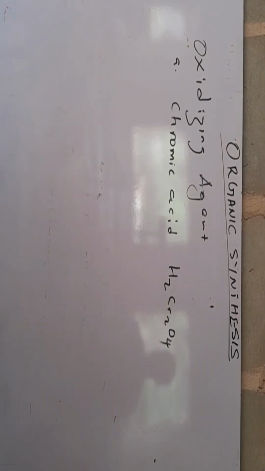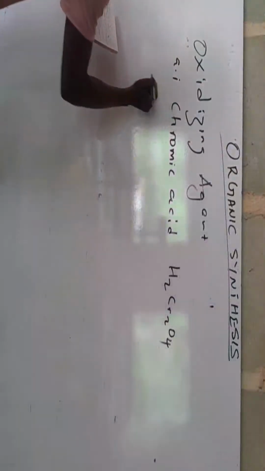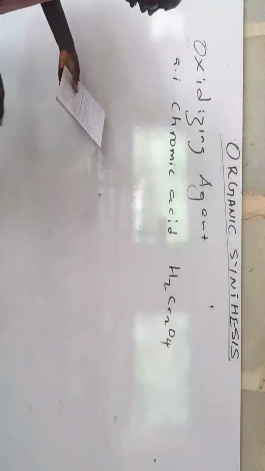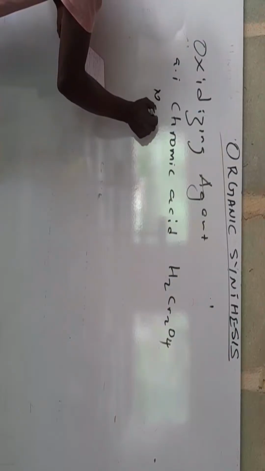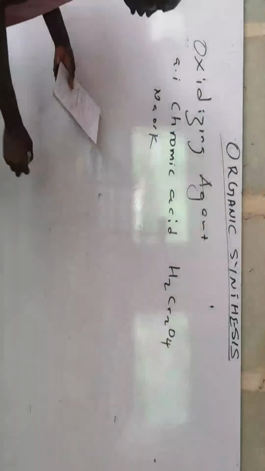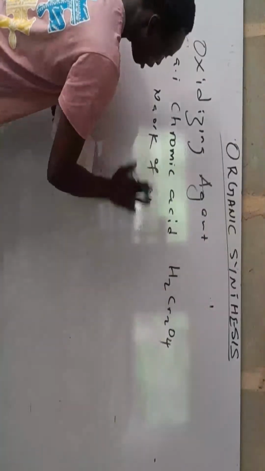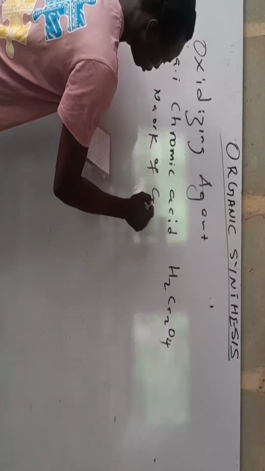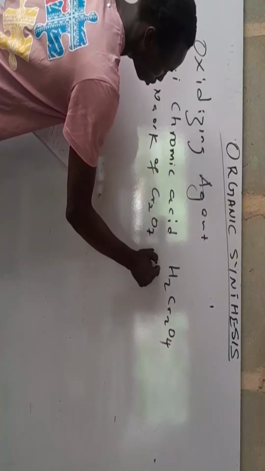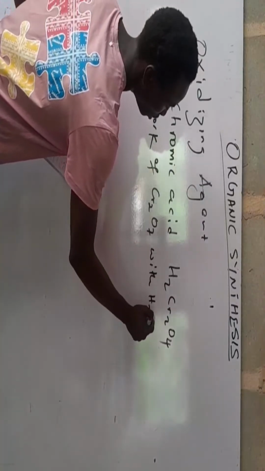Now, here we go. Let's make this one A, our number 1A. So the preparation is done by heating sodium or potassium dichromate, K2Cr2O7, with H2SO4.